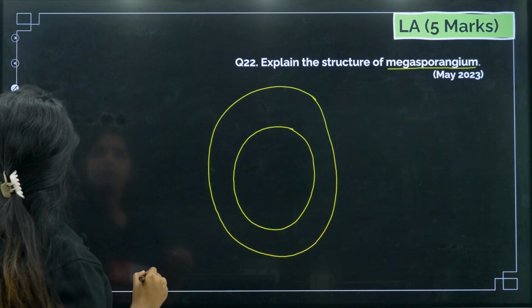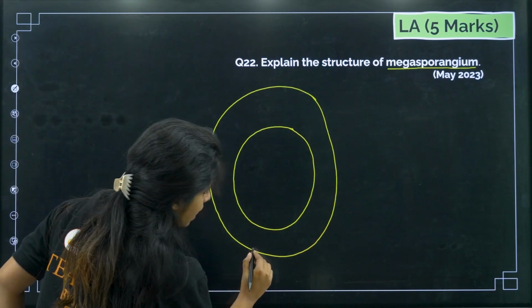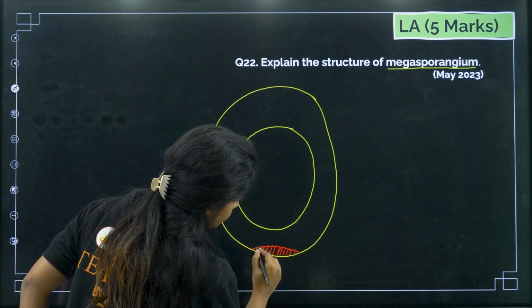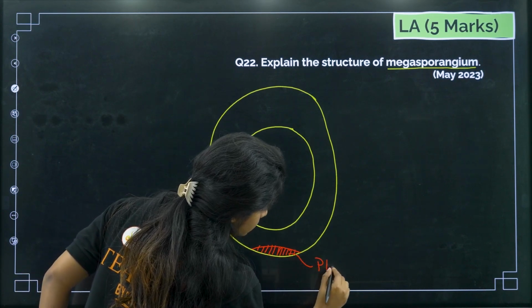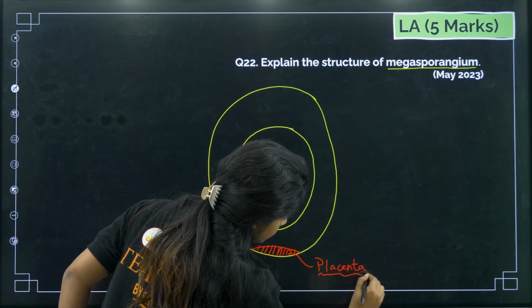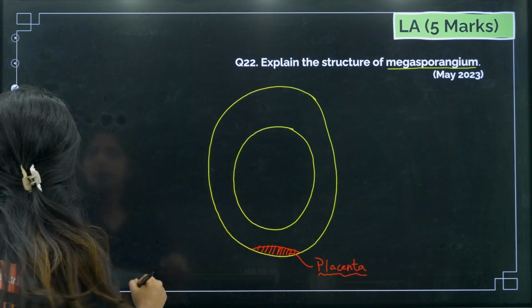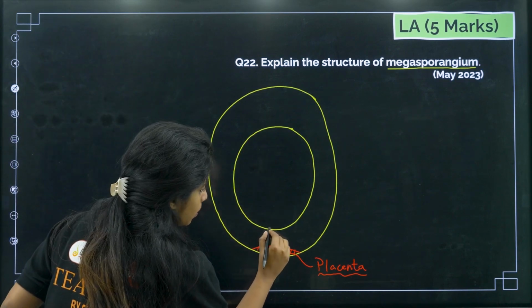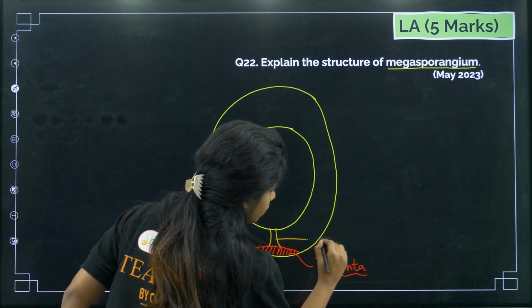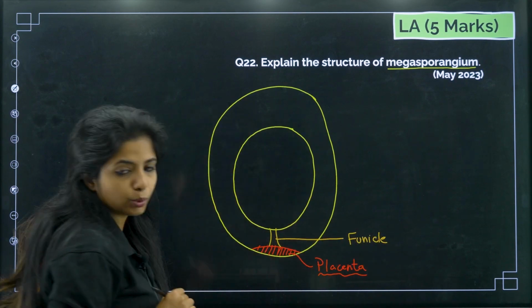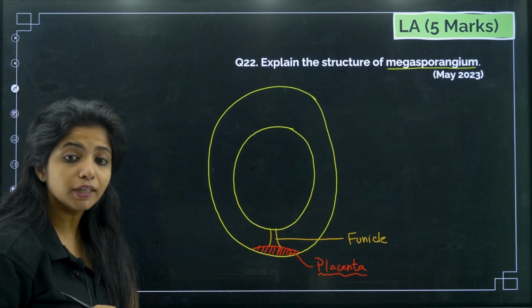Agreed? Now, I am saying the ovary basically has a region like this, which is known as placenta. Okay, now this placenta is something that provides nourishment to the ovule, and it is attached via something that is known as funicle. What do you call it? You call it funicle.